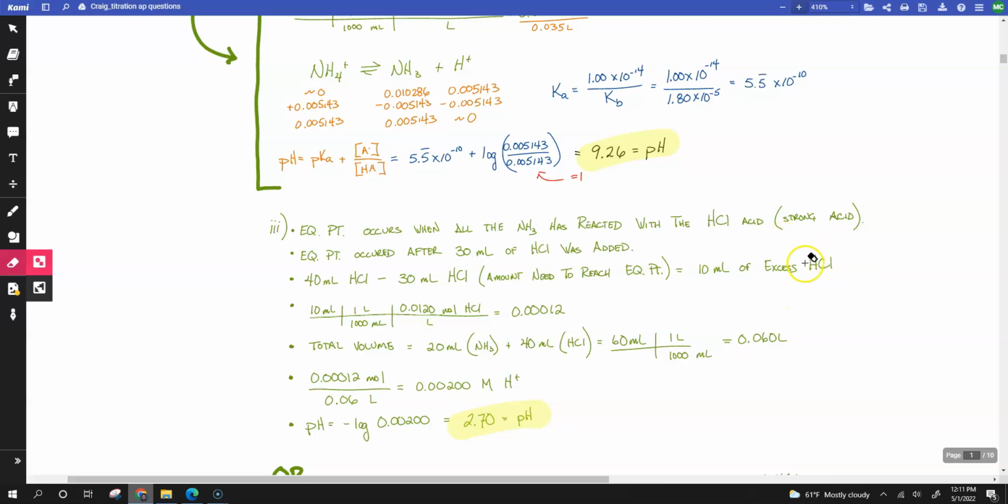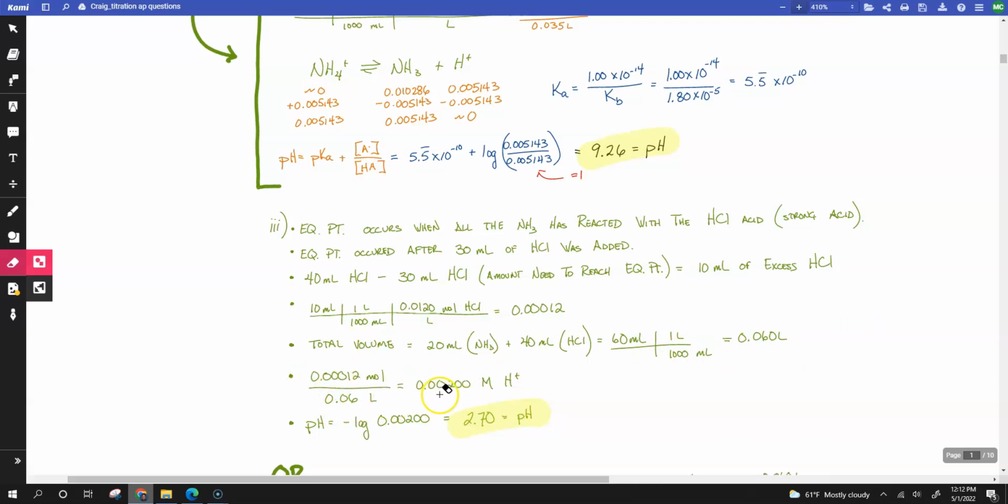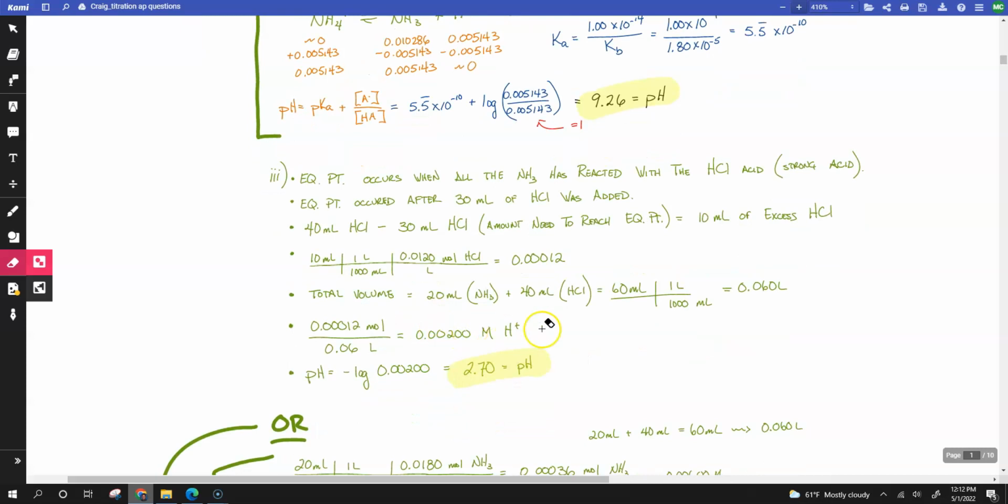That is the thing that is determining the pH. So what we need to do is take our 10 mL, find out how many moles we have, and then find our total volume, so 20 plus 40, last time I checked was 60. Then take your moles divided by your total volume, and that gives me 0.002 molar of the hydrochloric. Take the negative log, gives me a pH of 2.7.